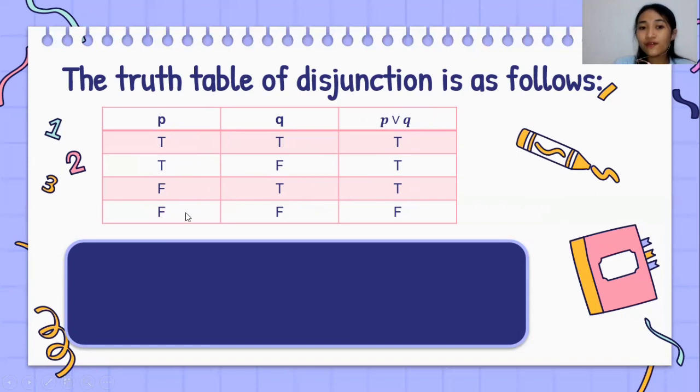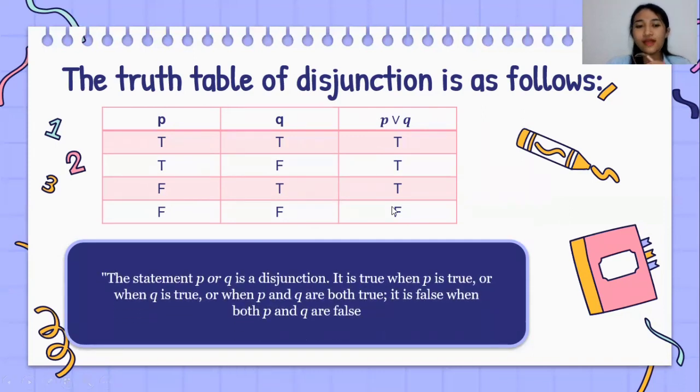If P is true and Q is false, the proposition P or Q is true. If P is false and Q is true, the proposition P or Q is true. If P is false and Q is false, the proposition P or Q is false. The statement P or Q is a disjunction. It is true when P is true or when Q is true, or when P and Q are both true. It is false when both P and Q are false.